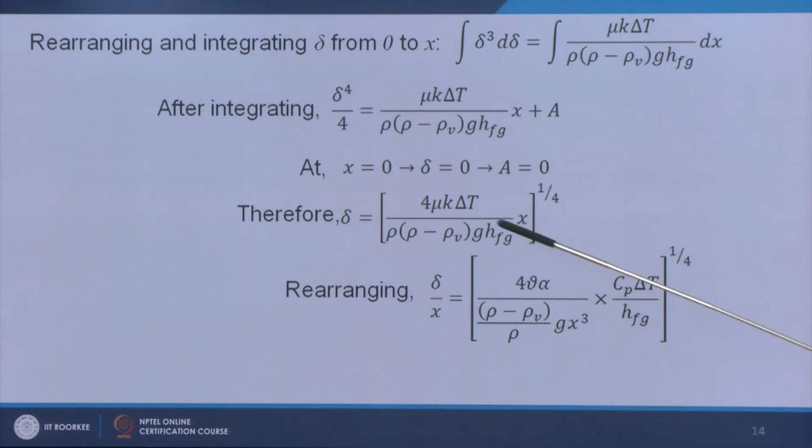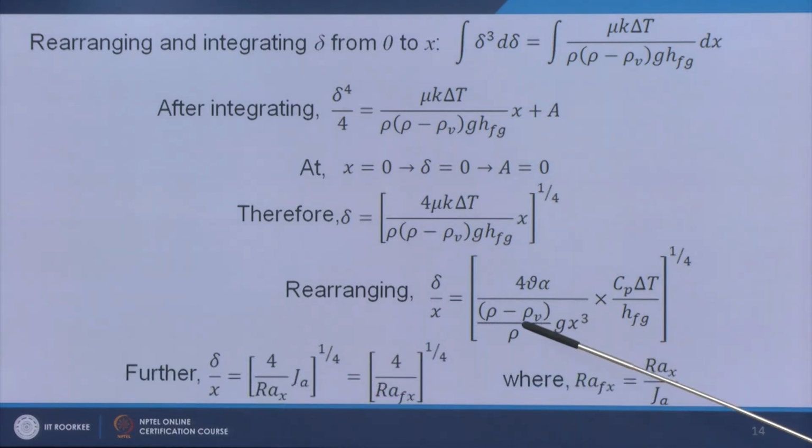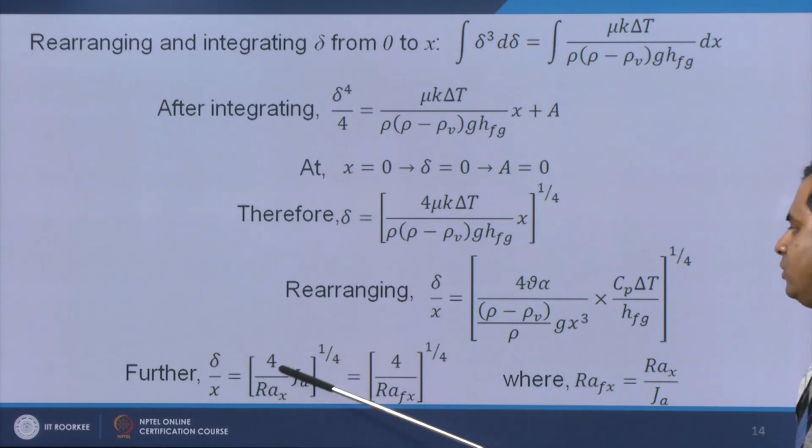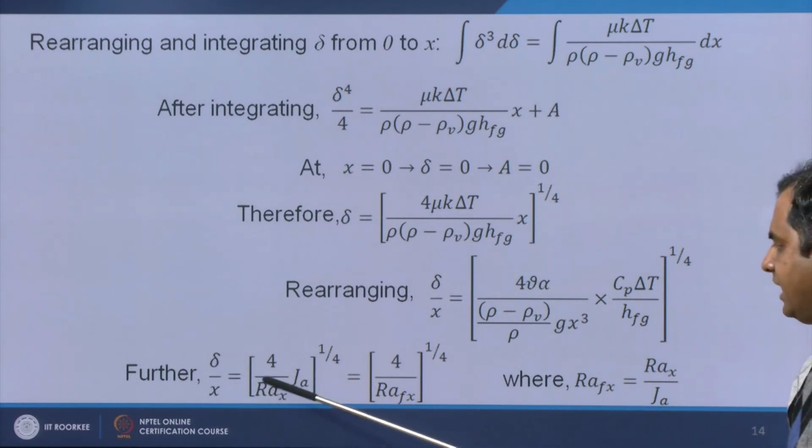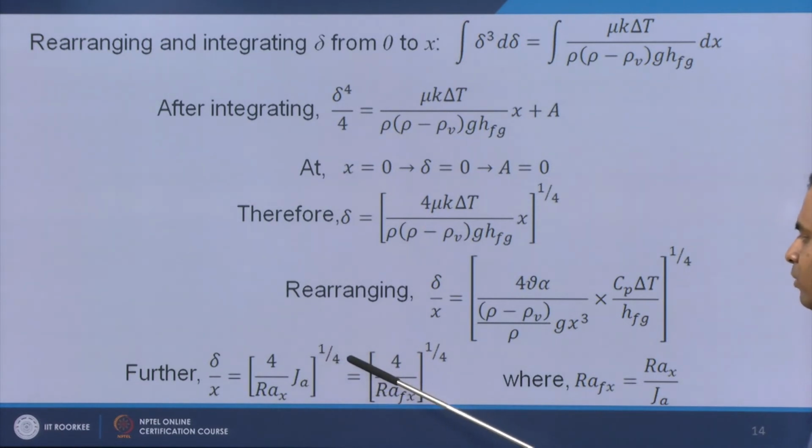So, here you see we have clubbed it into two parts, and this part is giving me the Rayleigh number. So, 4 by Rayleigh number, rho del rho g x cube by nu a. So, that is giving me the Rayleigh number, and this is nothing but the Jacob number. So, this is giving me delta by x is equals to 4 by (Rayleigh number into Jacob number) to the power 1 by 4.